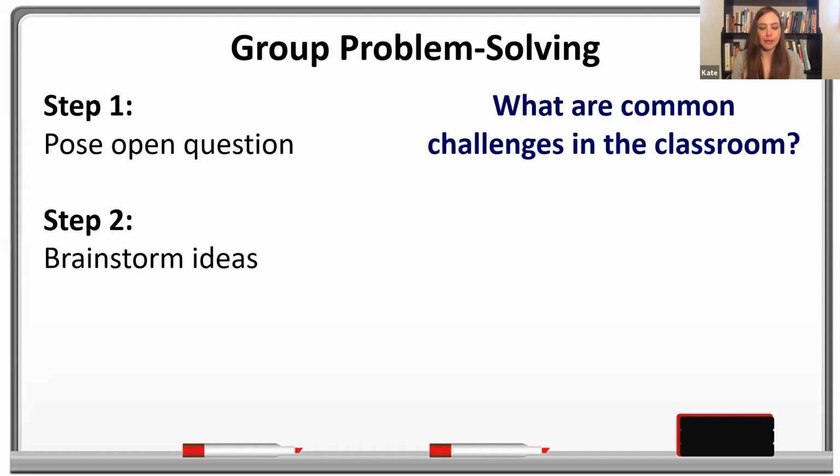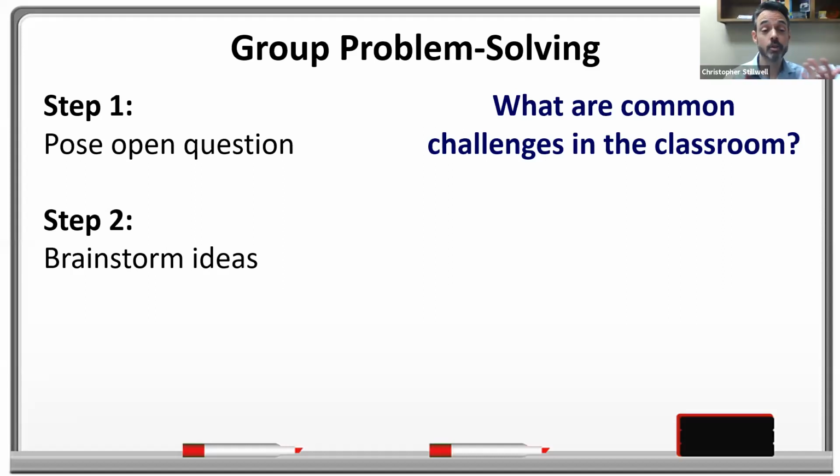So trying to differentiate or address everyone's needs if you have lots and lots of students in your classroom. We've mentioned time. Time is another one. Time in general, trying to put all of your curriculum within a short amount of time, or for students of varying levels, things like that.